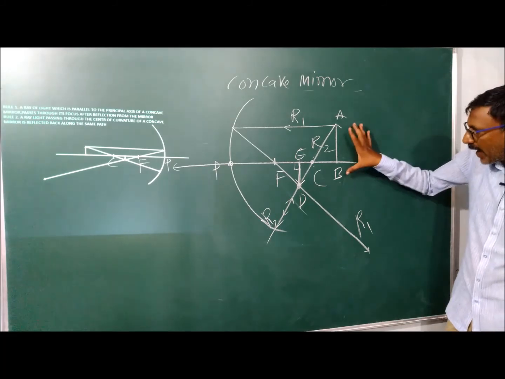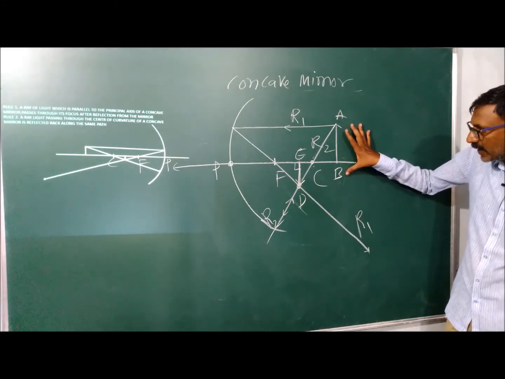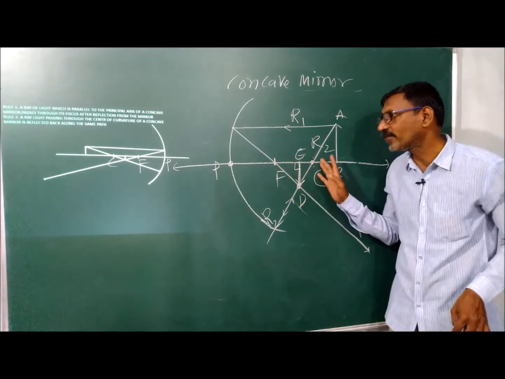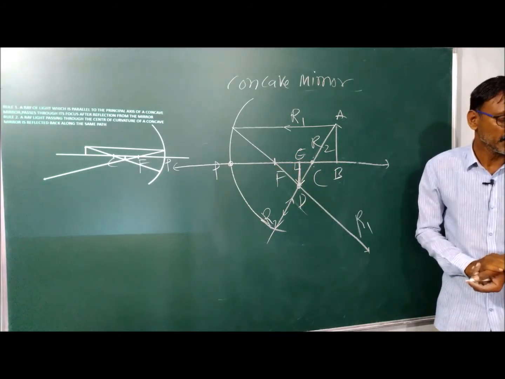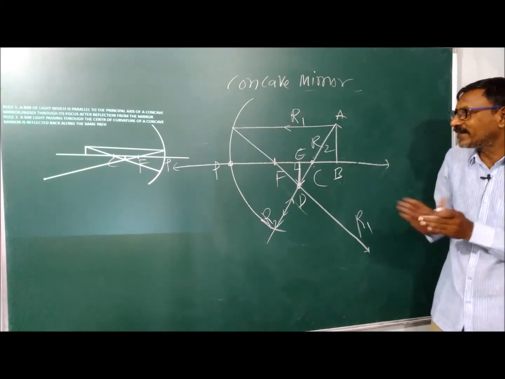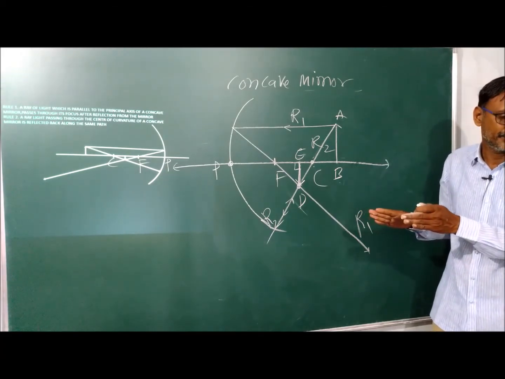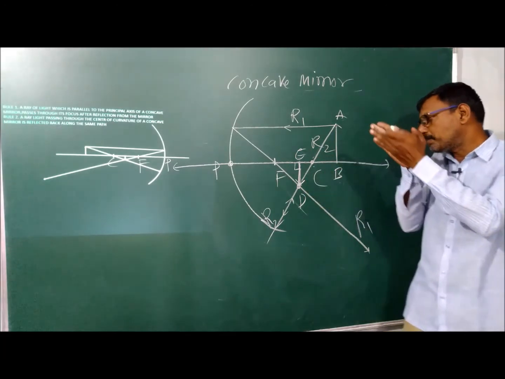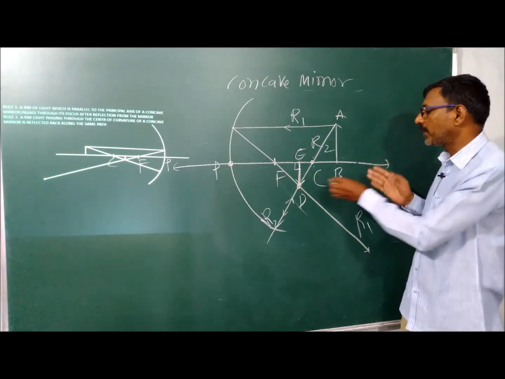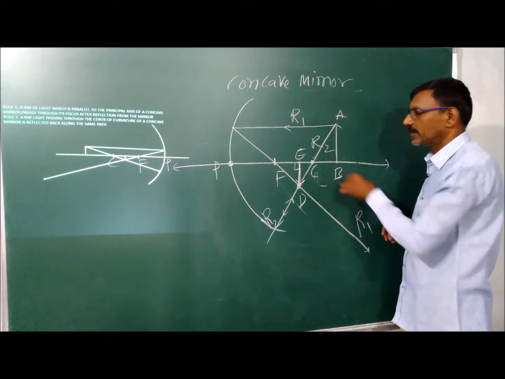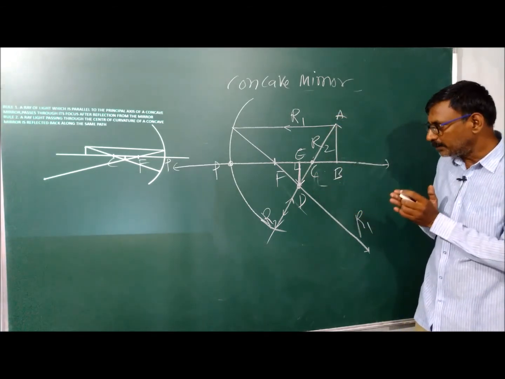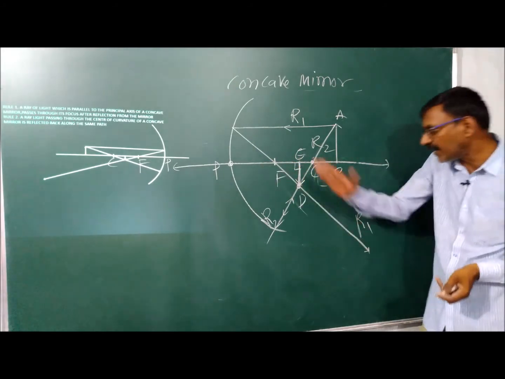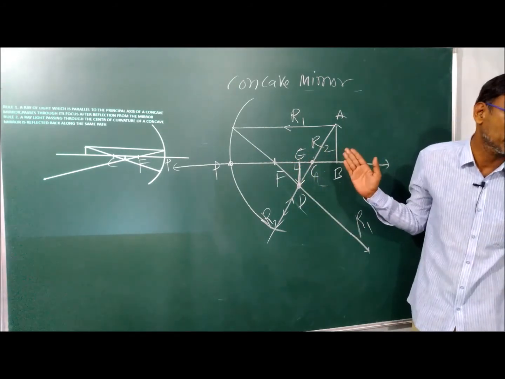Compared with the object, the image is smaller and lies between F and C. So, by observing this ray diagram, if my object is beyond C, then the image is between F and C, and it is inverted and smaller.